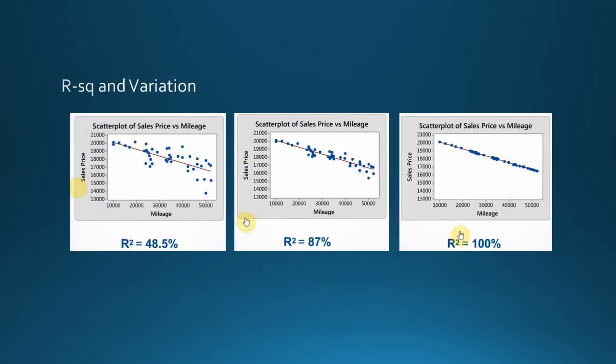As the points get closer to the regression line, the R-squared value increases. When R-squared equals 1, all of the points fall directly on the regression line, and the explanatory variable perfectly explains variation in the response. As the points get farther from the line, the R-squared value decreases.